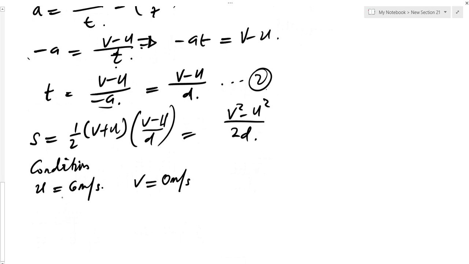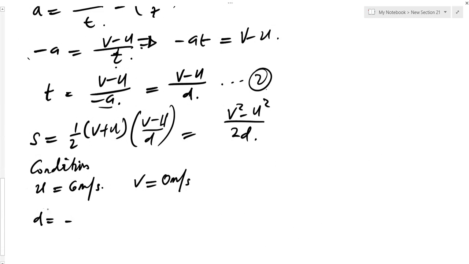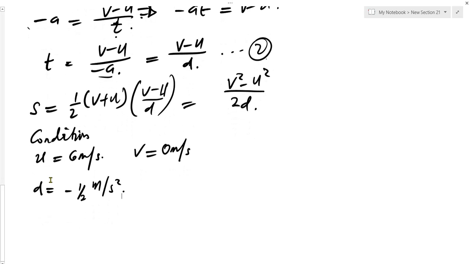And again, the d is minus half meter per second square. So substituting this into the equation, we now get our distance.